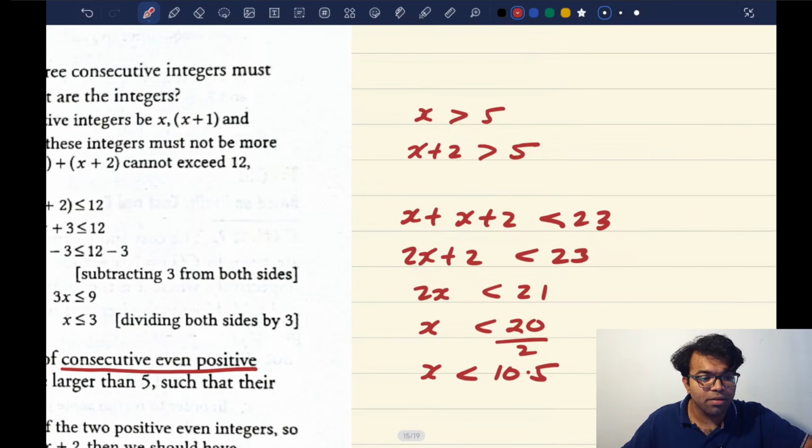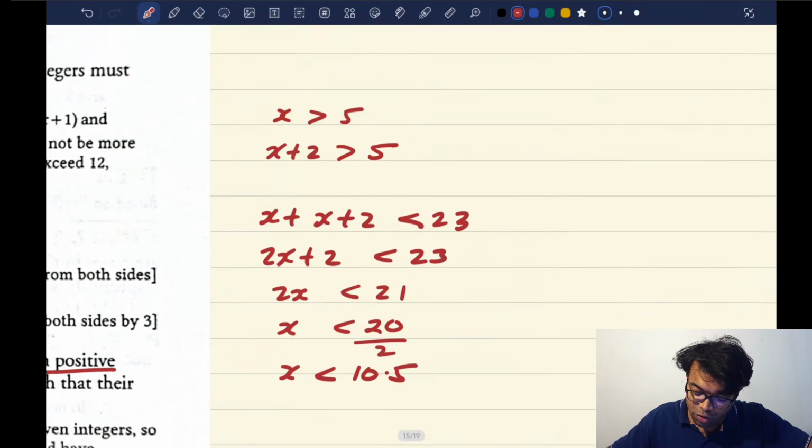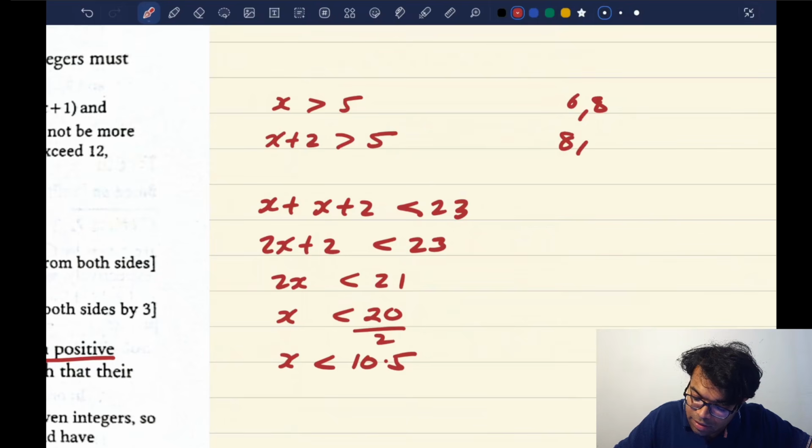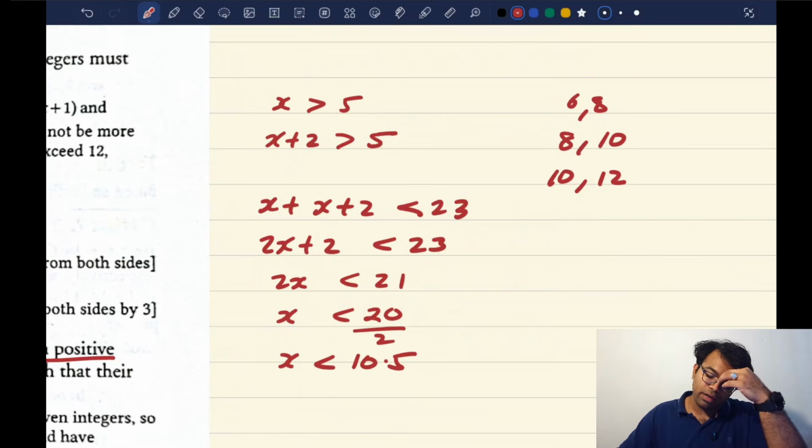Now, what are the numbers that you will have? x should be greater than 5 and less than 10.5. So you can have 6, 8 and 8, 10. You can also have 10 and 12. 10 and 12 will be 22, yeah, this also is fine.